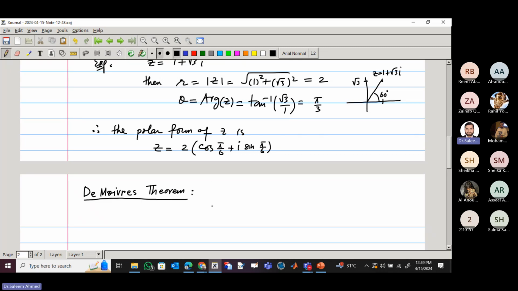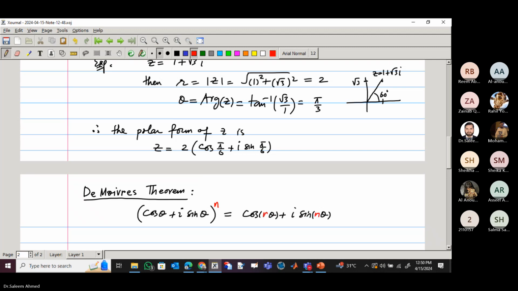De Moivre's theorem says that if you have cosine theta plus iota sine theta, if you have this complex number and you take any power n of that, then you can just multiply theta by n: cos n theta plus iota sine n theta. Okay, so basically this n comes down here. If you have a power n, this n goes to this theta. So see how easy it is.